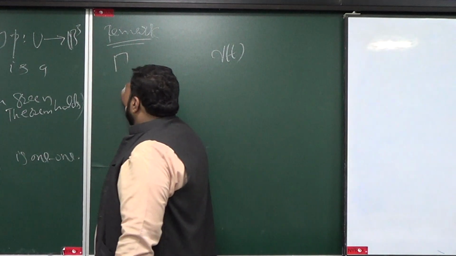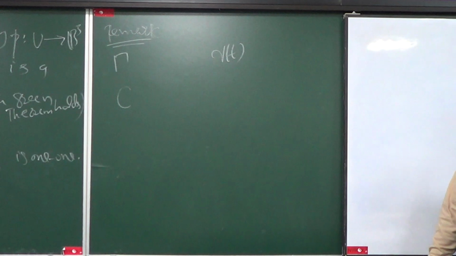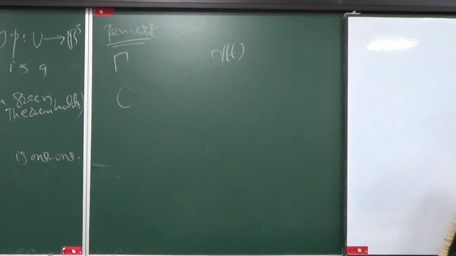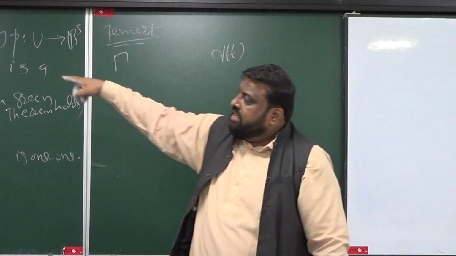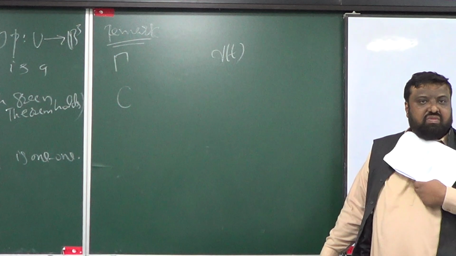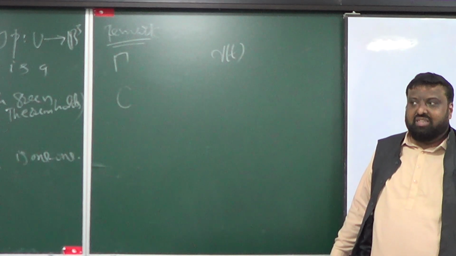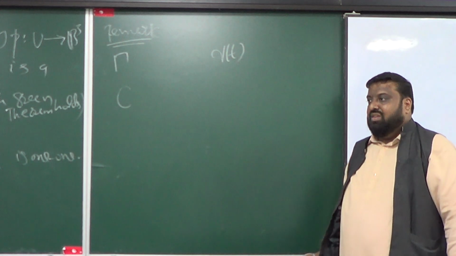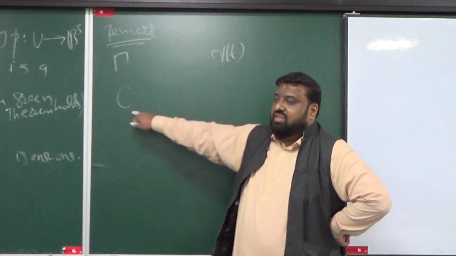And I have another curve C there. Then what should be the parameterization of that curve? How can I get that curve? Can you think of the parameterization of the curve C?